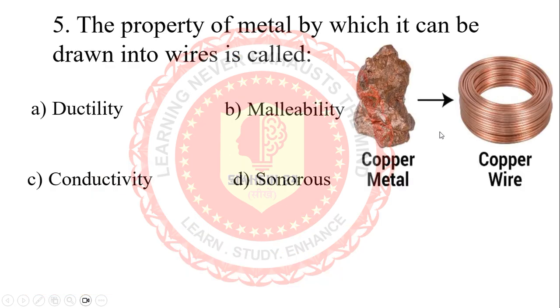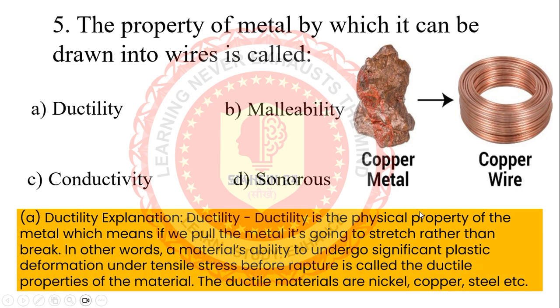Next question: the property of a metal by which it can be drawn into wires is called what? You can see in the picture, copper metal like this one, and it becomes like this one. So, who is responsible? Let's see. Ductility. Ductility is the physical property of a metal, which means if we pull the metal, it is going to stretch rather than break.